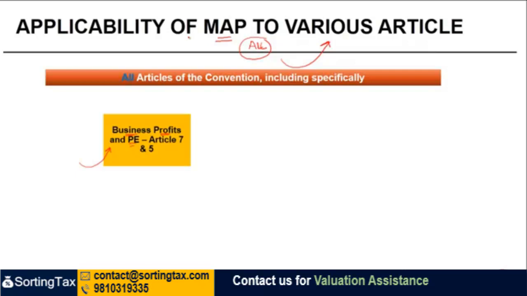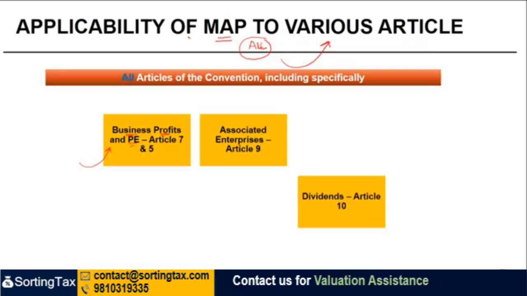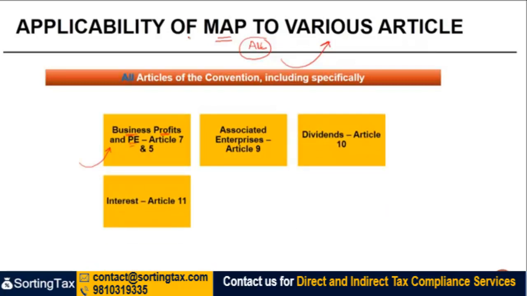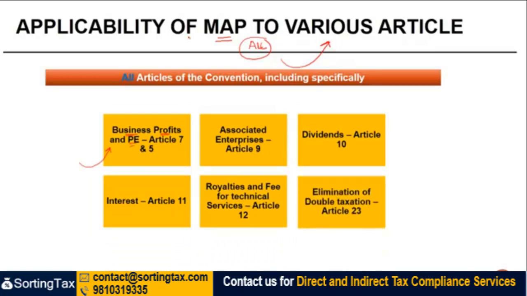Many a times you find that there are controversy in terms of application of the legal provisions as well. Associated enterprises, whether two companies are AEs or not within the meaning of Article 9, dividends, interest, royalty and fee for technical services, and elimination of double taxation. Like I said, this list is by no means exhaustive. It applies to all other articles of the conventions as well.